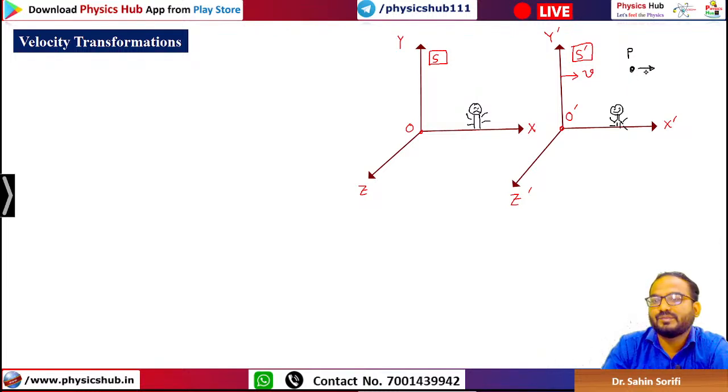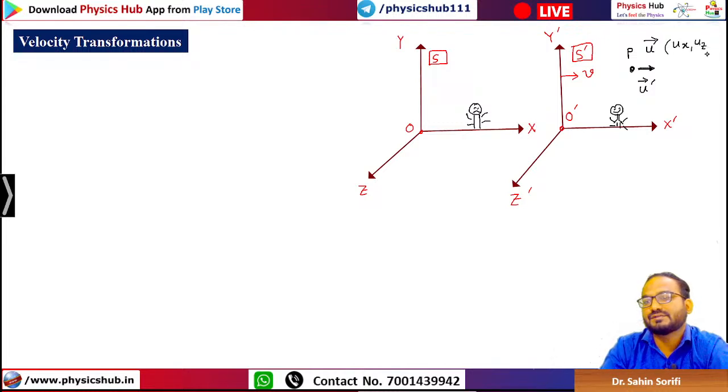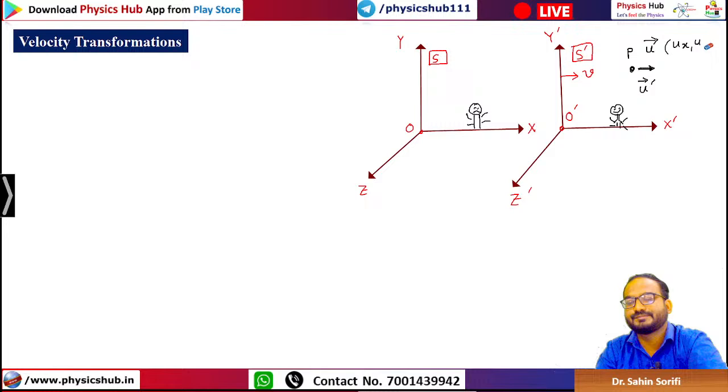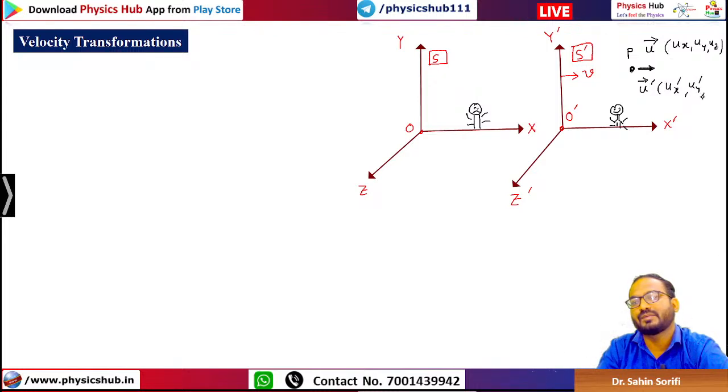So if we say the velocity of this point is u with respect to S frame and u prime with respect to S prime frame, how these components are changing, that is what we need to do here. ux, uy, uz and ux prime, uy prime and uz prime.